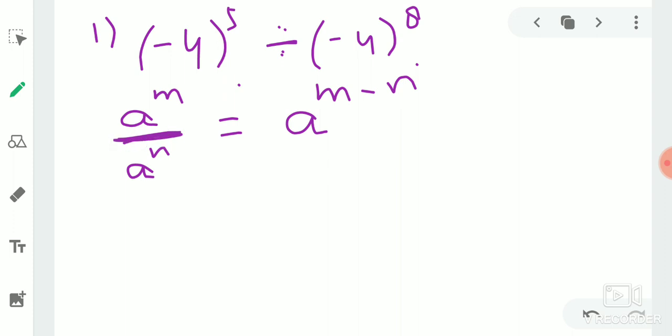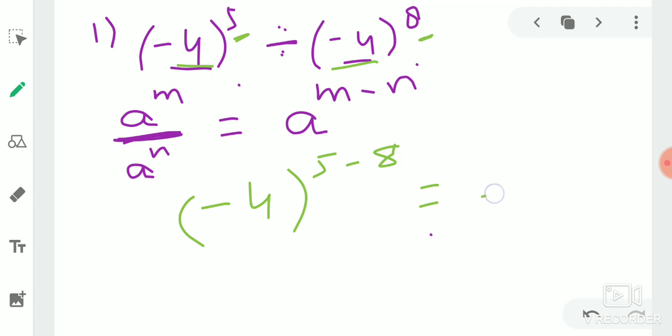Here we have the same condition, so we can write it as minus 4 as the base, and the exponents should be subtracted, that is 5 minus 8, so minus 4 raised to power minus 3.